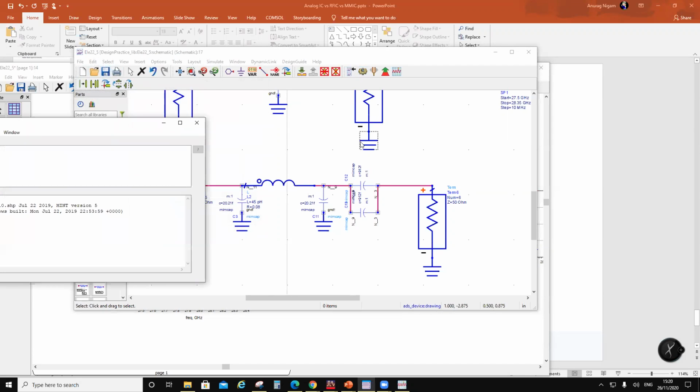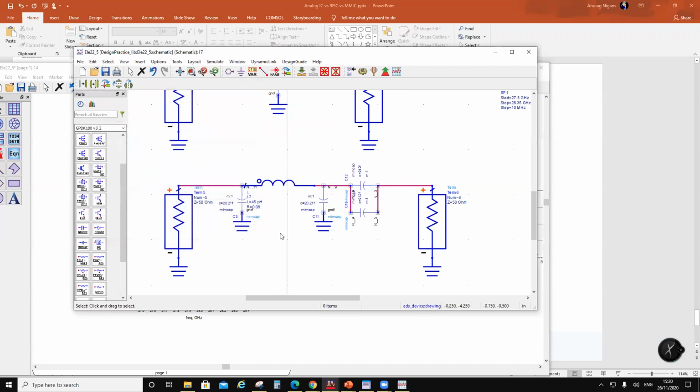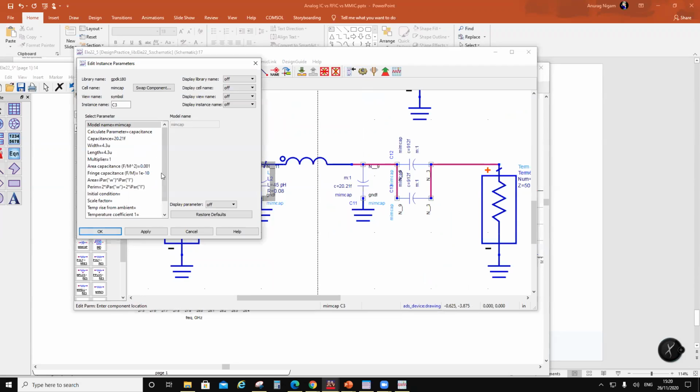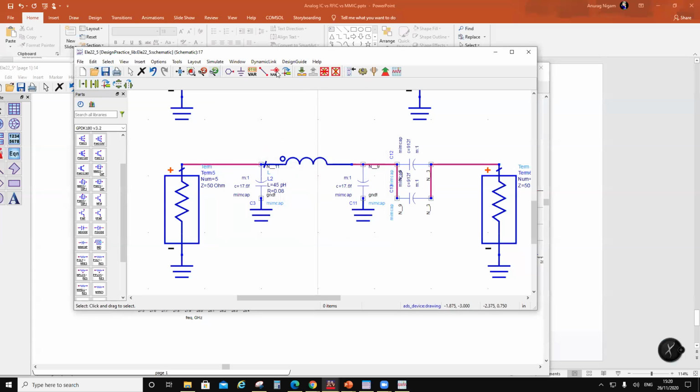Okay, let's simulate this again. 23.8, and this has become worse too. Okay, so 4 and 4, apply 4 and 4. Okay, sorry.